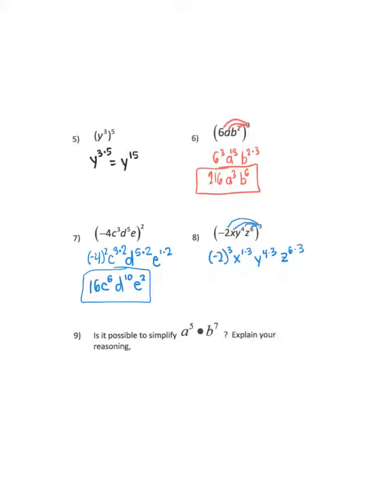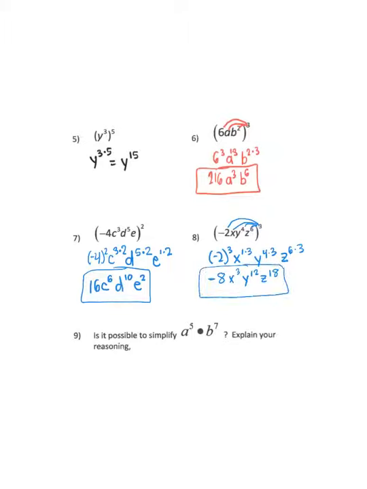When I cube a negative number, remember that cube is an odd number, so that means I'm going to have a negative answer. 2 times 2 is 4, times 2 again is 8, so I'm going to get a negative 8. Then I get 1 times 3 is 3, 4 times 3 is 12, and 6 times 3 is 18. This is my simplified answer.